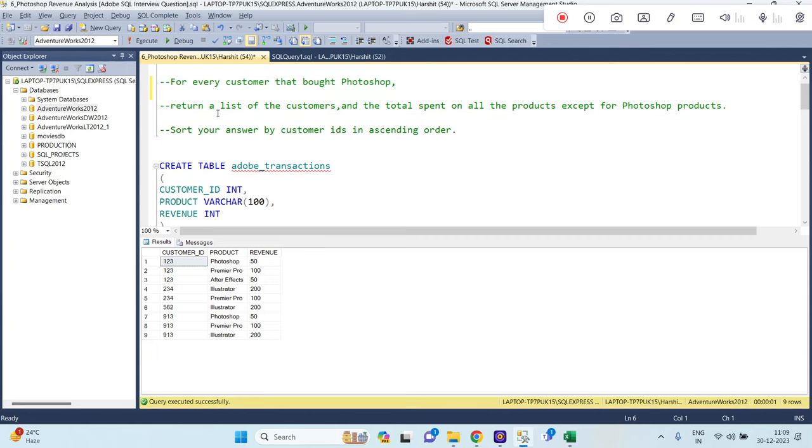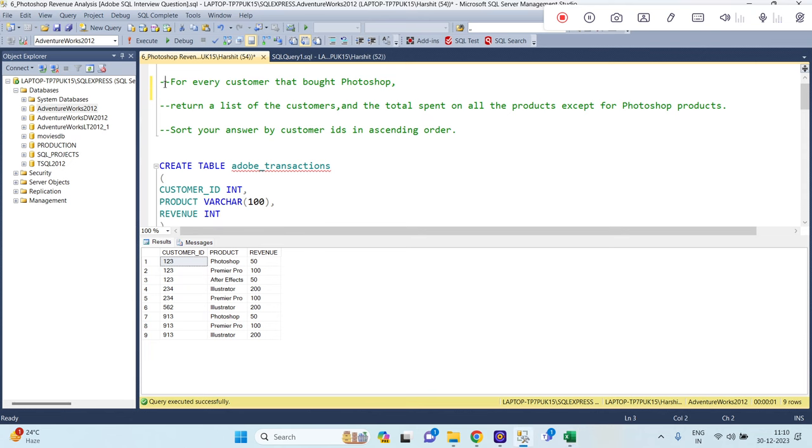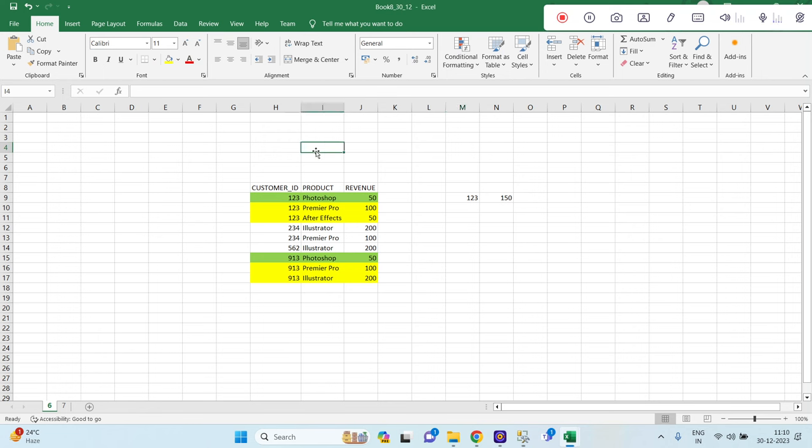For every customer that bought Photoshop, return a list of customers and total spent on all the products except for Photoshop products. Yes, but again, this line is important: for every customer that bought Photoshop. Now see the data.